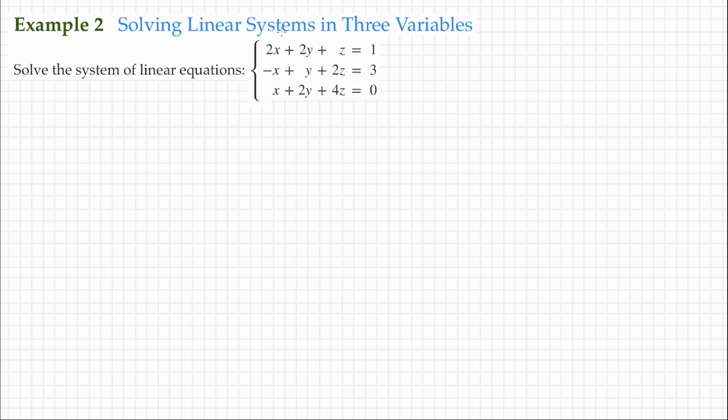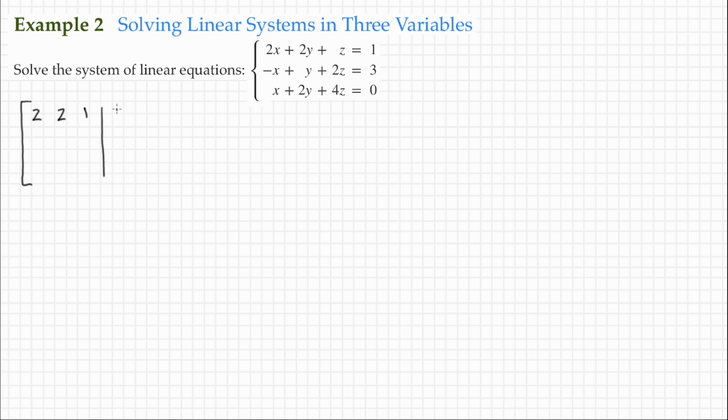But the first thing we'll do is we'll change this system into an augmented matrix. So we'll do that right here. And of course, we will have our coefficients here, 2, 2, and 1. Put in our vertical line. And then we're going to have our matrix of constants here.